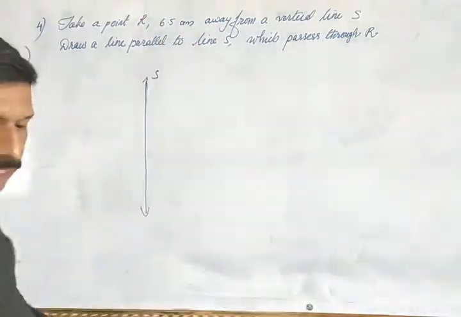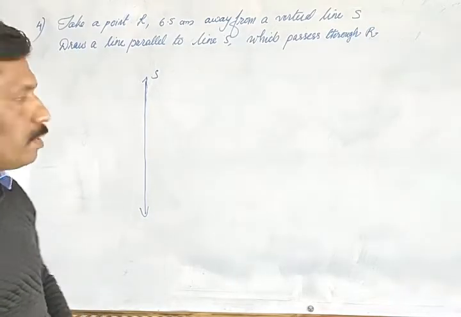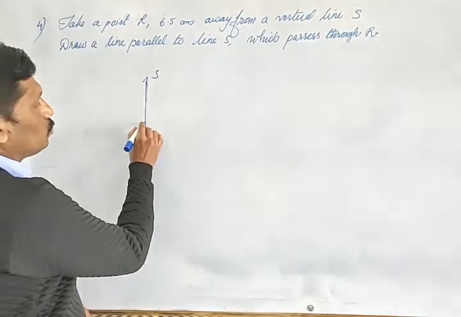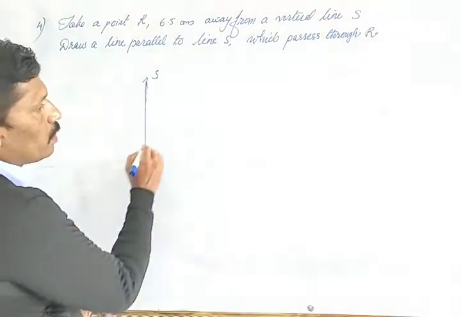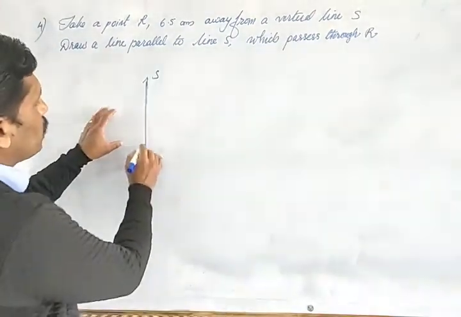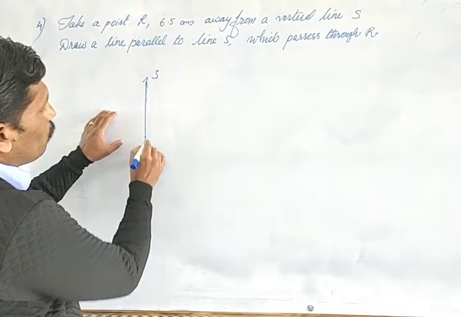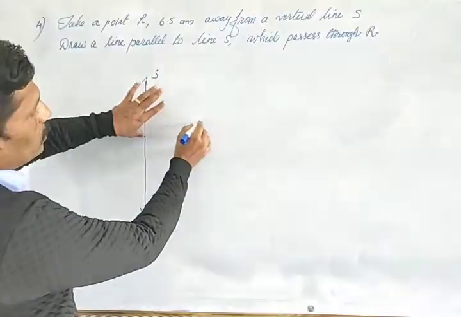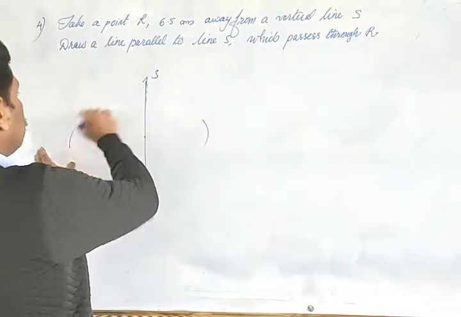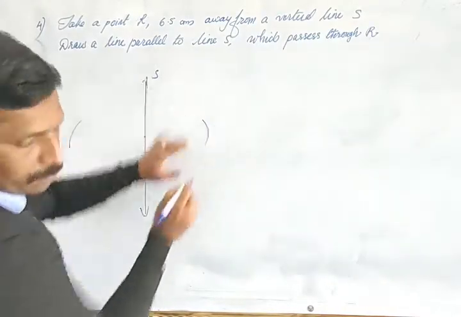So in order to make 6.5 cm away, first of all we make a perpendicular to this line. So construct a perpendicular line. How to construct a perpendicular line? From here, anywhere we put a point, and then we cut an arc here and here from this.